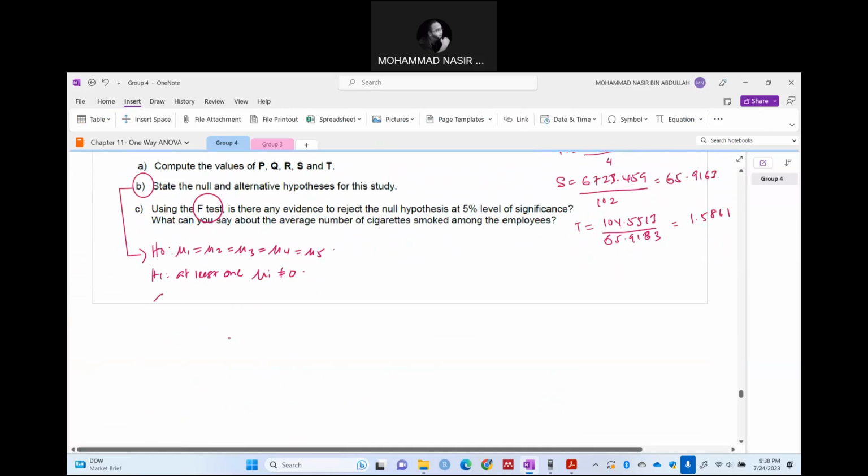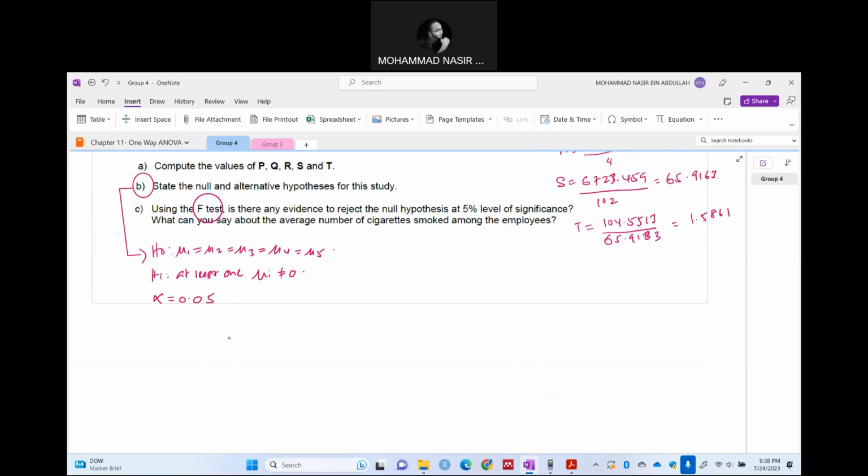So alpha is 0.05. Test statistic F is equal to 1.5861. Critical region.